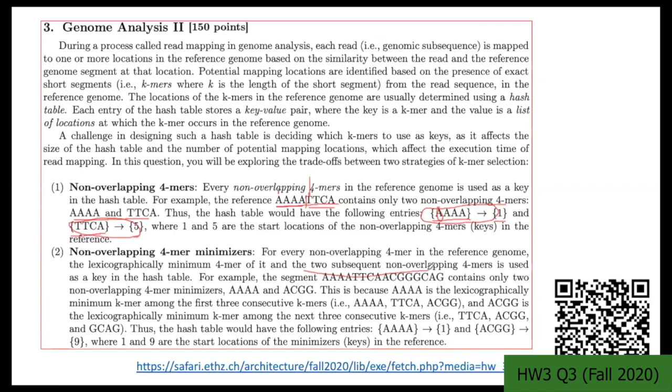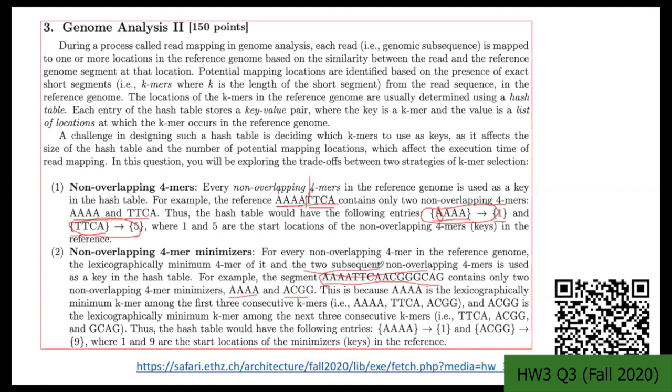We extract 3 seeds, or 3 k-mers, from the sequence, and then we calculate the lexicographically minimum k-mer out of these 3 k-mers. Here's an example. This segment contains only 2 non-overlapping 4-mer minimizers. These are the minimizers extracted from this relatively long sequence.